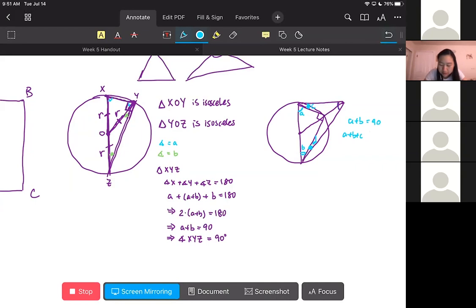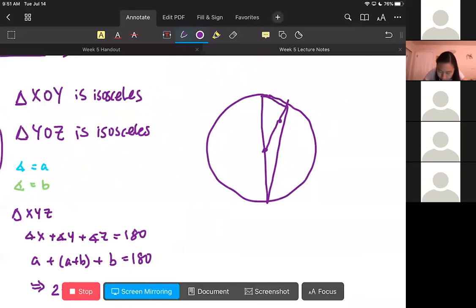Now let's look at the case where it's inside the circle. If I pick a point inside the circle, let's say this point over here, I can do a similar thing. I can draw the line through that point, and then it hits the circle somewhere. I can draw this triangle over here. Try my best here. This is 90 degrees.